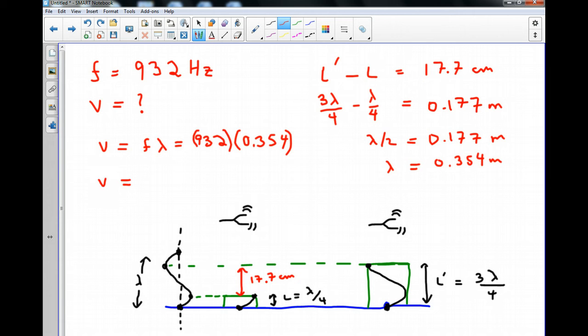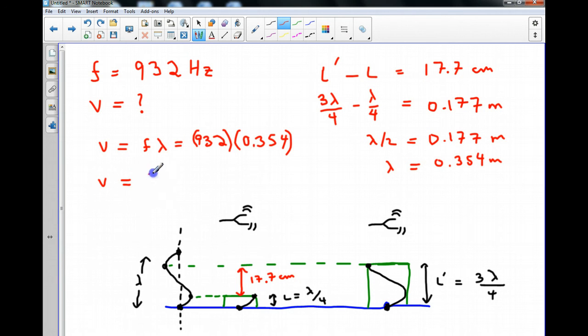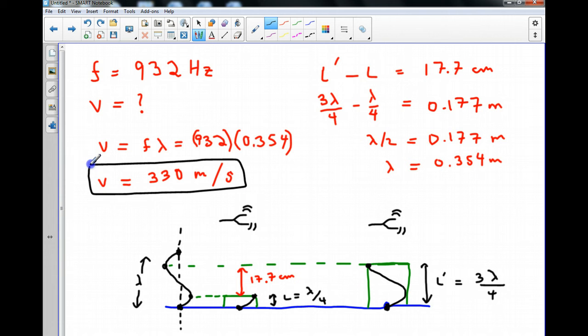Let's get out our trusty calculator. 932 times 0.354, and that's, wow, 330. That's a pretty accurate value for the speed of sound. Clearly this problem was engineered to produce a nice, pretty value, which is very close to the true speed of sound.